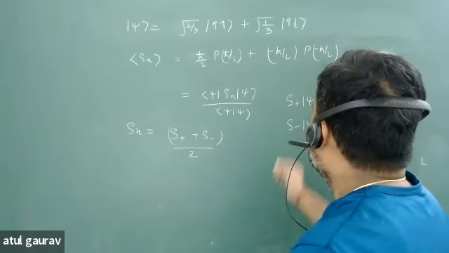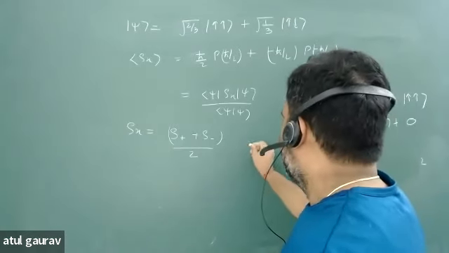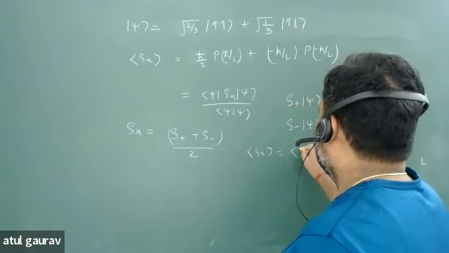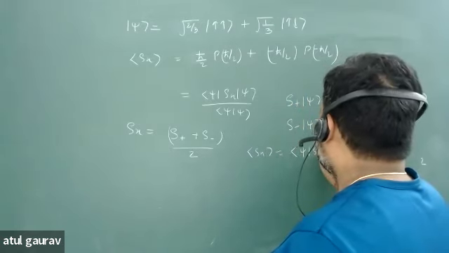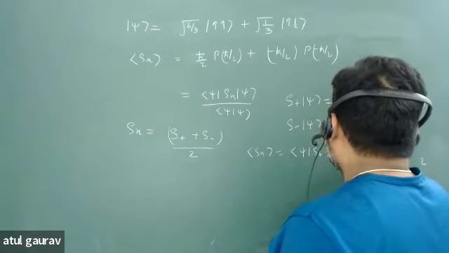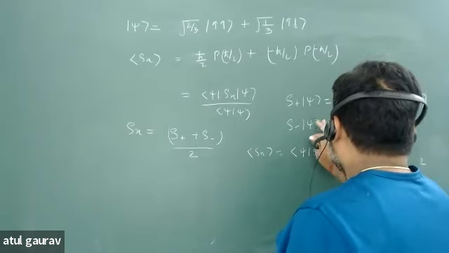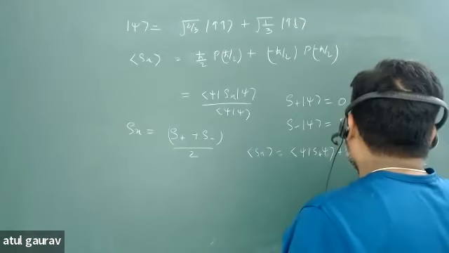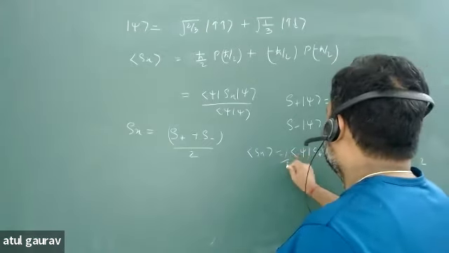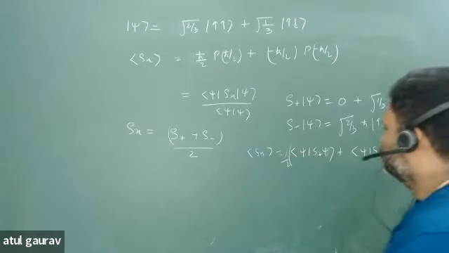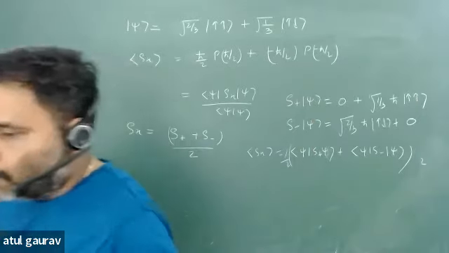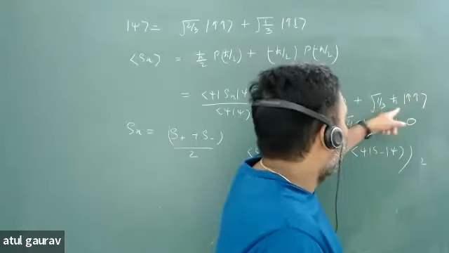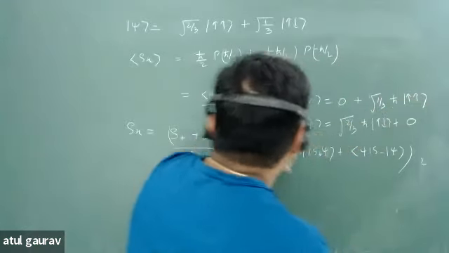Now when we take psi to this side, the expectation value of Sx is nothing but psi S plus psi, and here also psi will come, so psi S minus psi, by 1 by 2. Yes or no? The value of S plus psi we already know. So this will couple with the first term of psi when you apply the bra.